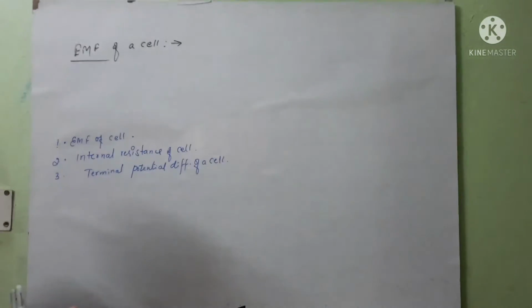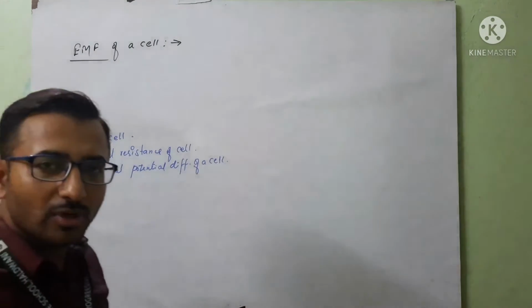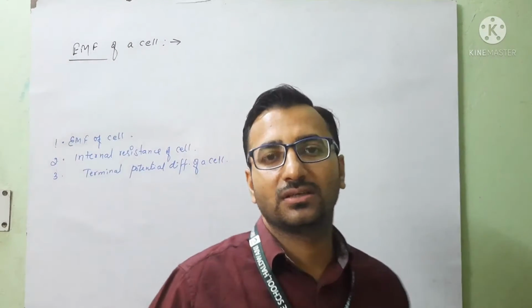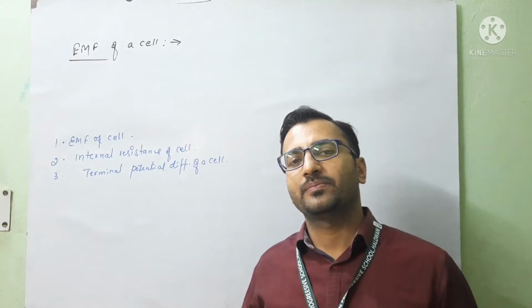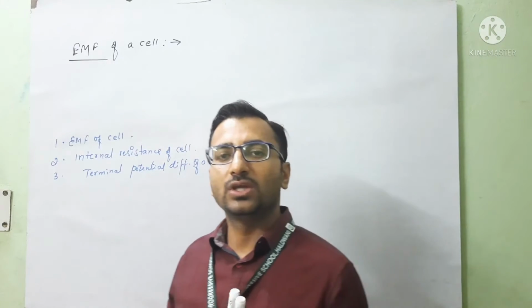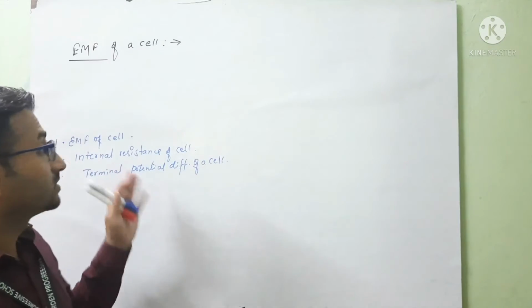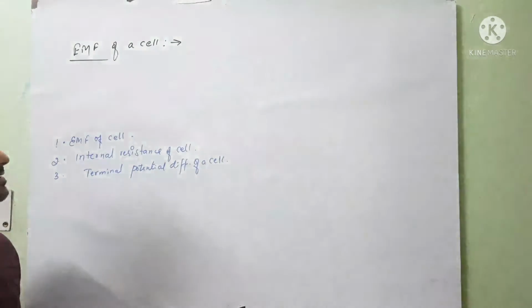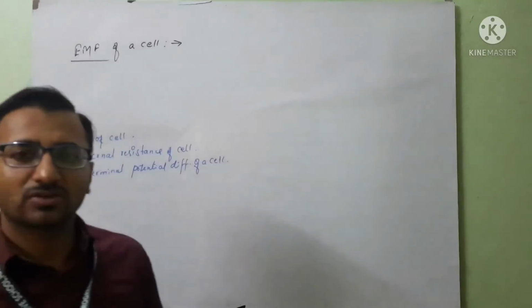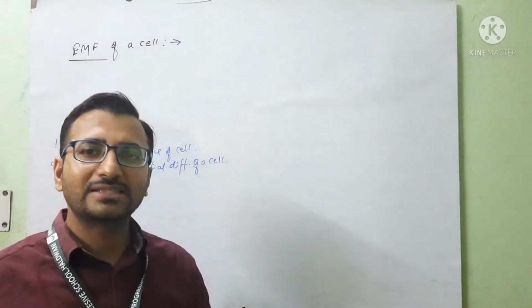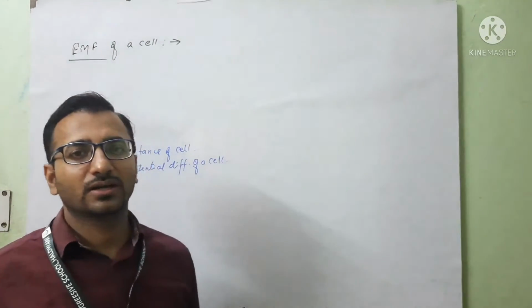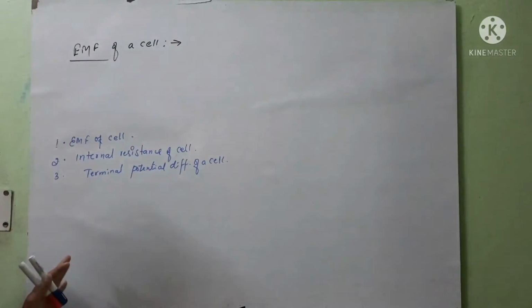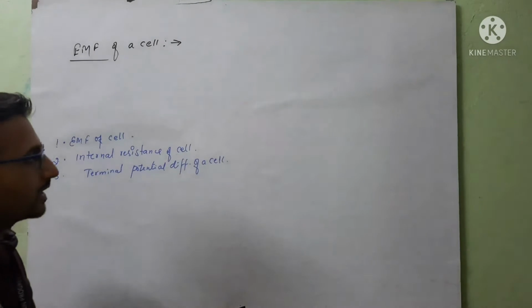And third, if you want to define EMF in terms of energy, it is the maximum energy provided by the cell to drive a unit charge once around a closed circuit. Got it? So we have three different definitions, which I have already explained.